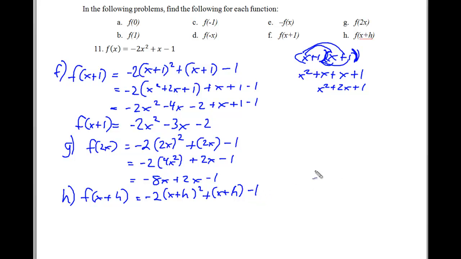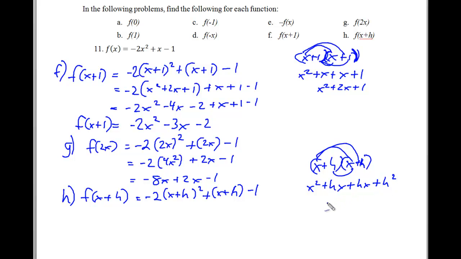Alright, so off to the side here, I'm going to have my x plus h. So this is my FOIL of x plus h quantity squared. X times x is x squared. This is going to be hx. This is going to be hx, which is going to be 2hx when I'm done with this here. And then I will have h and h, which makes h squared.